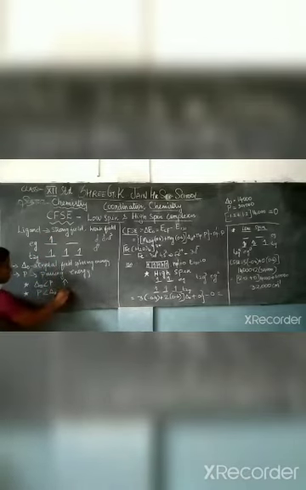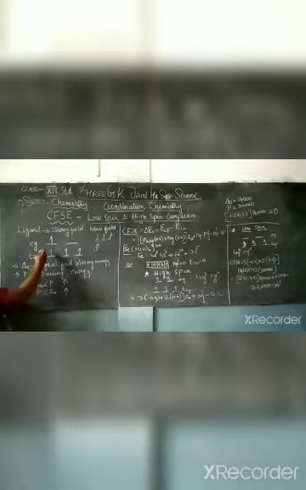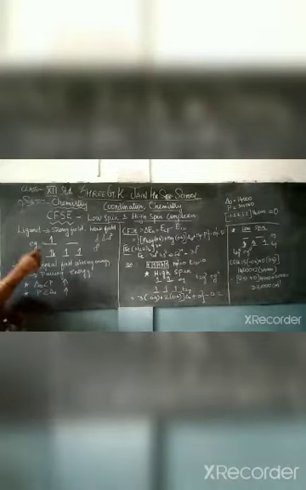Have you all understood? There are 2 things, based on the delta naught value and the P value. If the P value is less, you have to pair up. If the P value is more, you have unpaired electrons here.